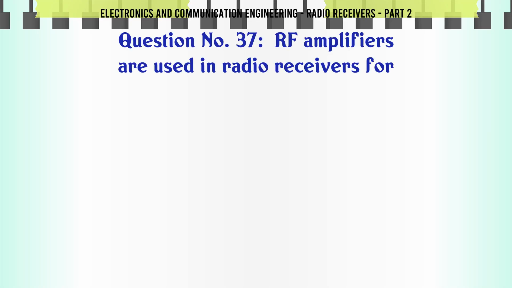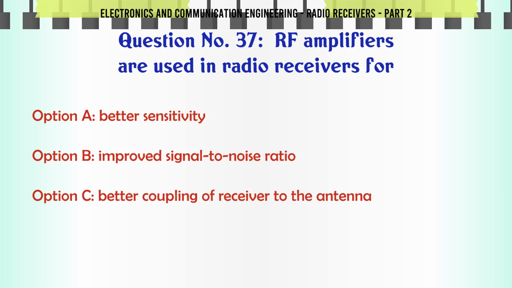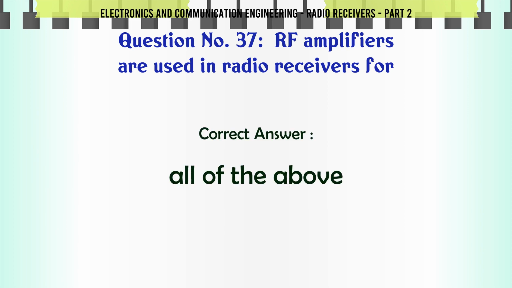RF amplifiers are used in radio receivers for A. Better sensitivity, B. Improved signal-to-noise ratio, C. Better coupling of receiver to the antenna, D. All of the above. The correct answer is all of the above.